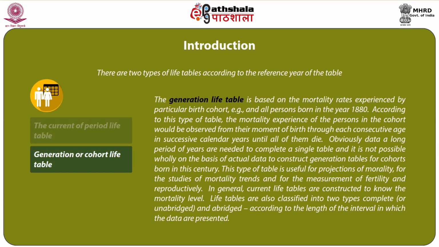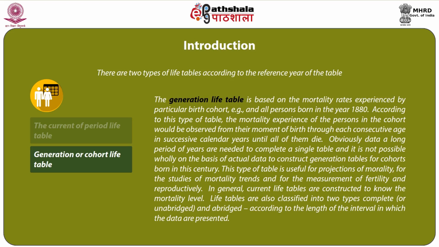The generation life table is based on the mortality rates experienced by a particular birth cohort. For example, all persons born in the year 1880. According to this type of table, the mortality experience of the persons in the cohort would be observed from their moment of birth through each consecutive age in successive calendar years until all of them die.